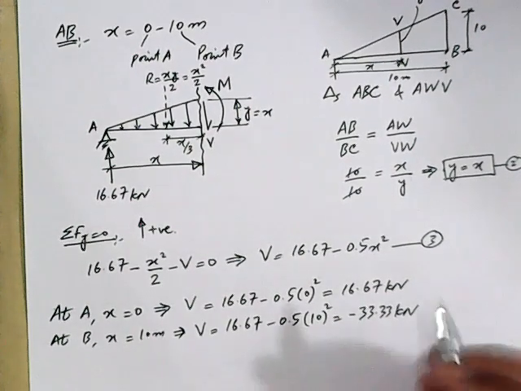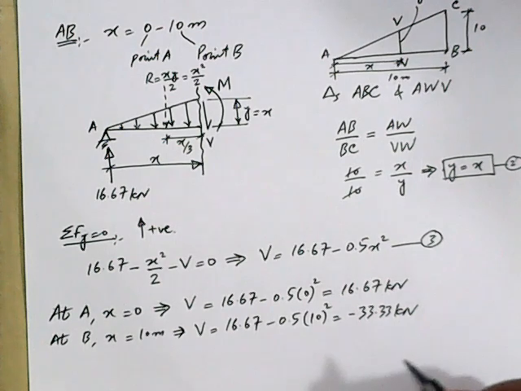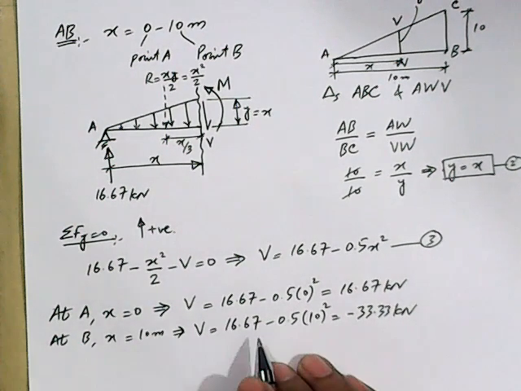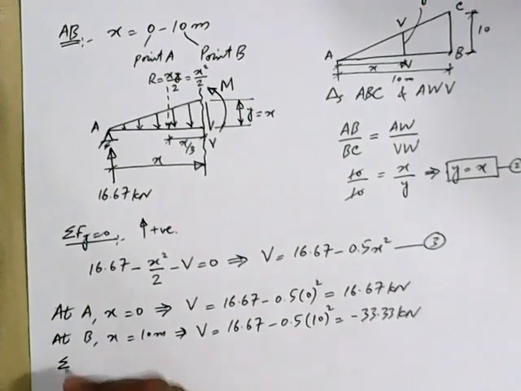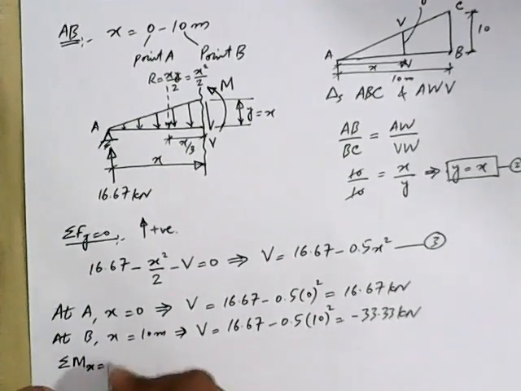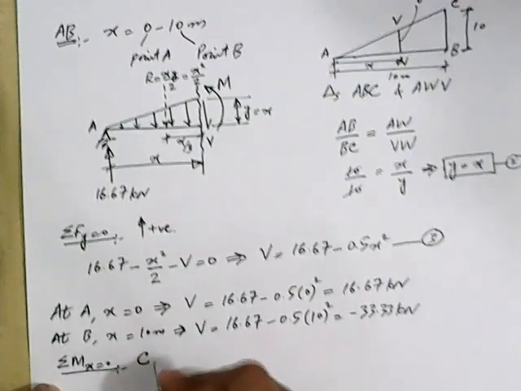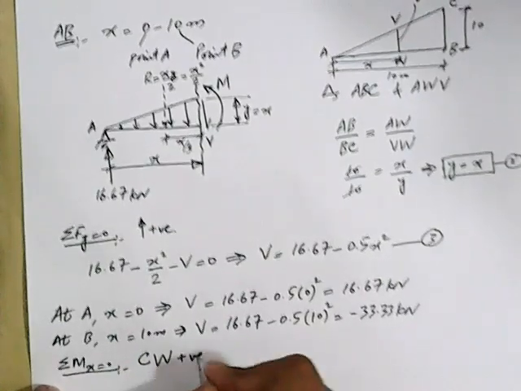So in this way, we have calculated the magnitude of shear force at point A and at point B. Now let's move towards the bending moment and write down the equation for bending moment. We'll take sigma Mx equal to 0, and our convention will be we'll take clockwise moment as positive.